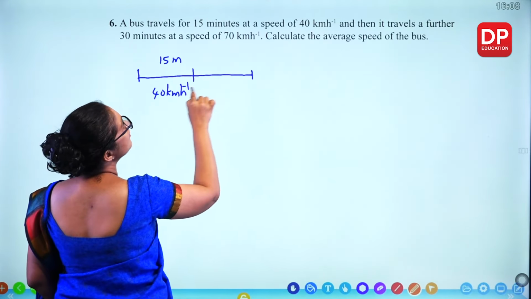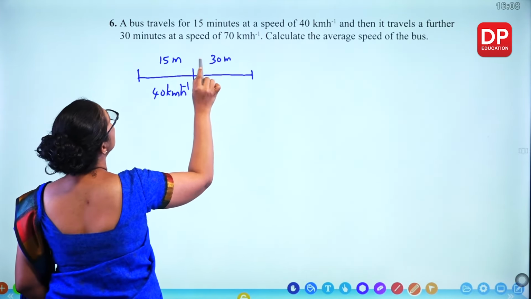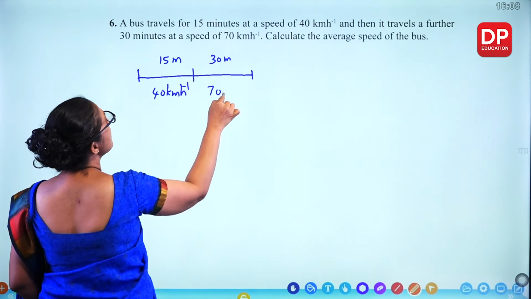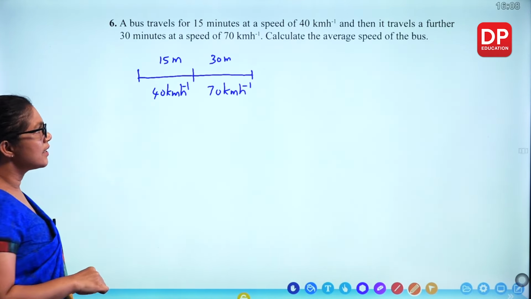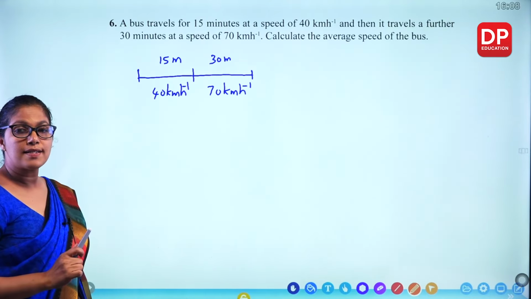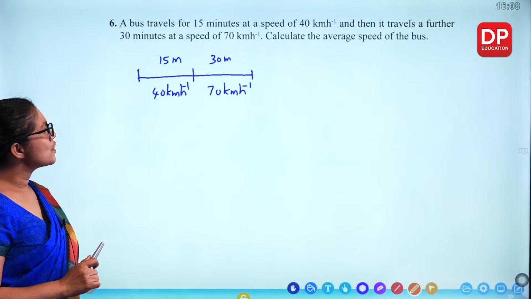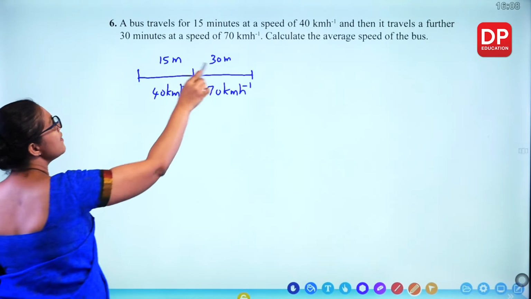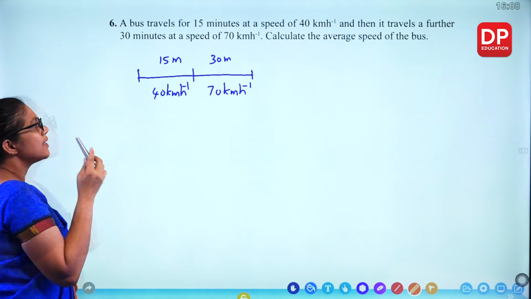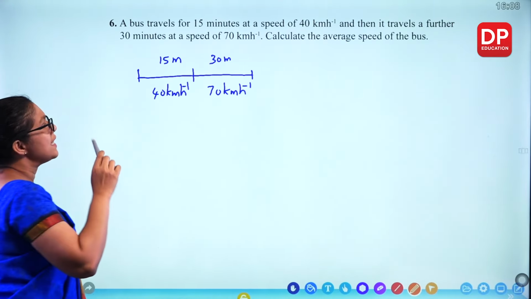Then the next 30 minutes, 70 kilometers per hour. You need to convert to the same units. So you are asked to find the average speed. So this is in hours and this is in minutes. Now first we need to convert this to minutes.